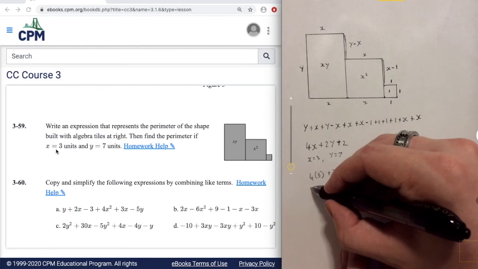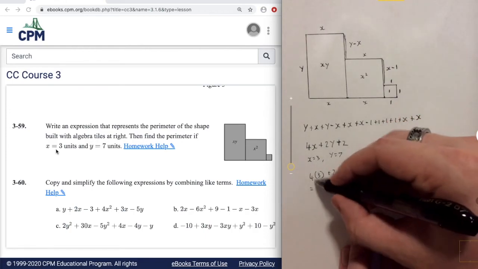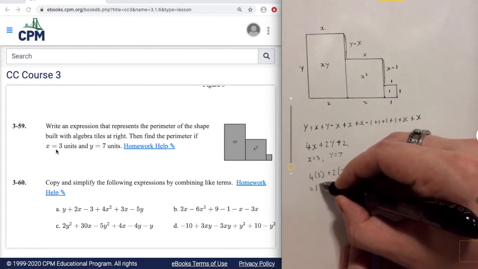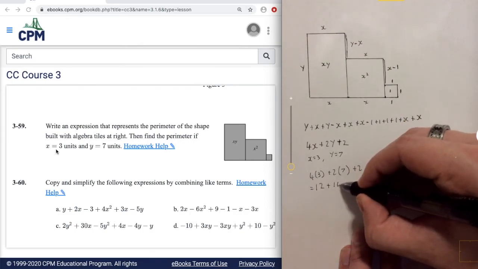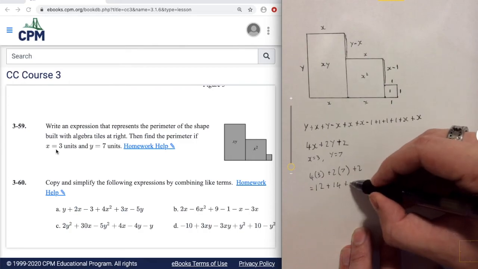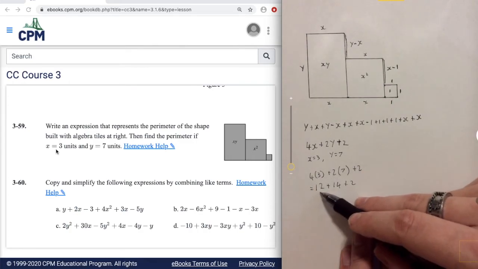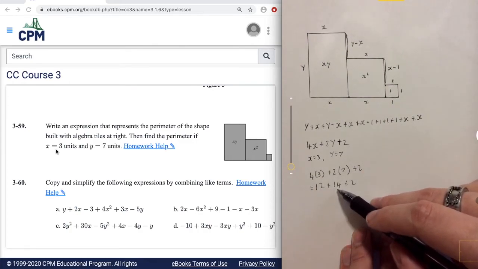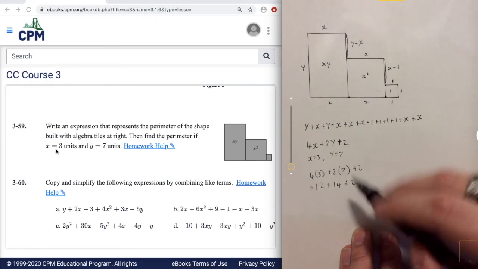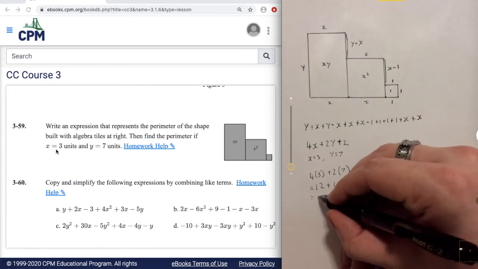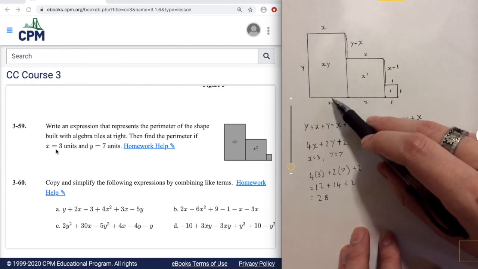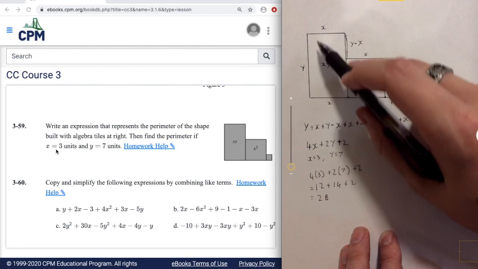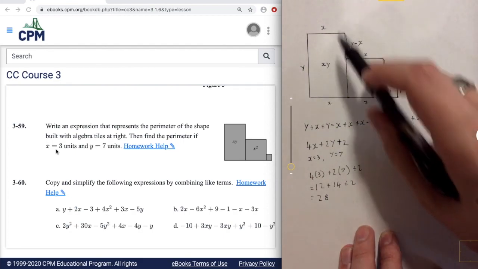And that's going to equal 4 times 3, which is 12. 2 times 7 is going to be 14, and plus 2. So now we want to do 12 plus 14, which is 26, plus 2 is going to be 28. So if we know that x is 3 and y is 7, then the perimeter of the shape will be 28.